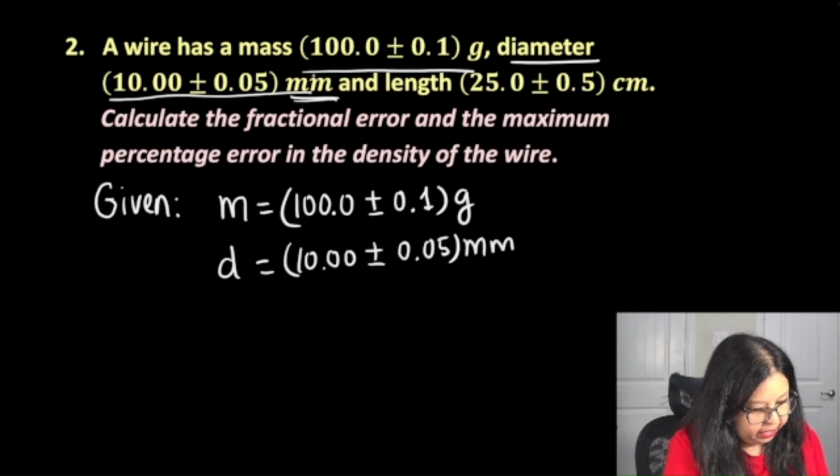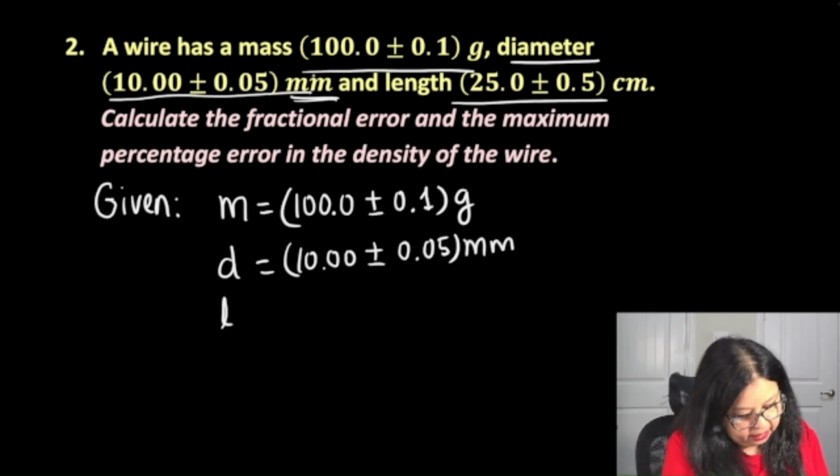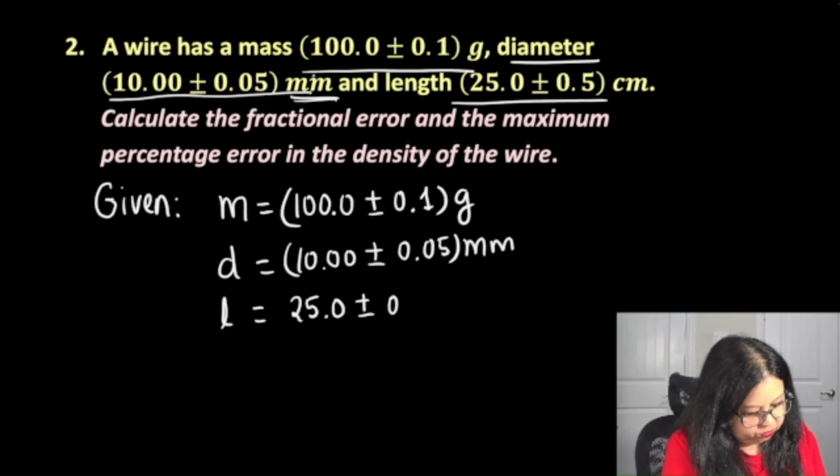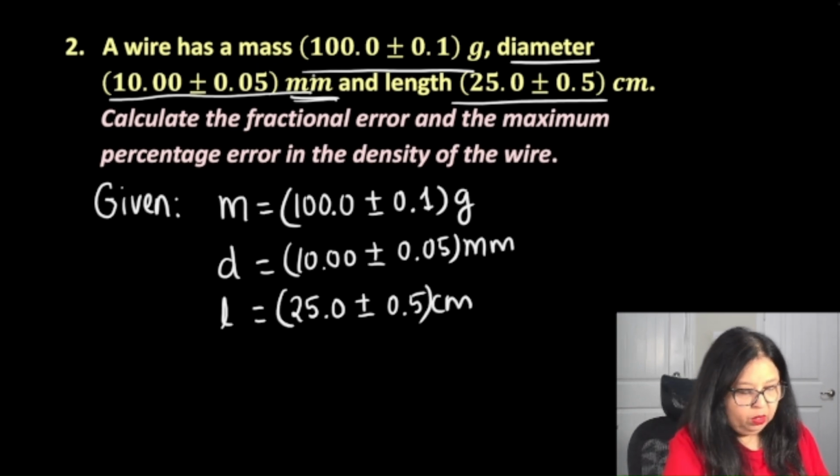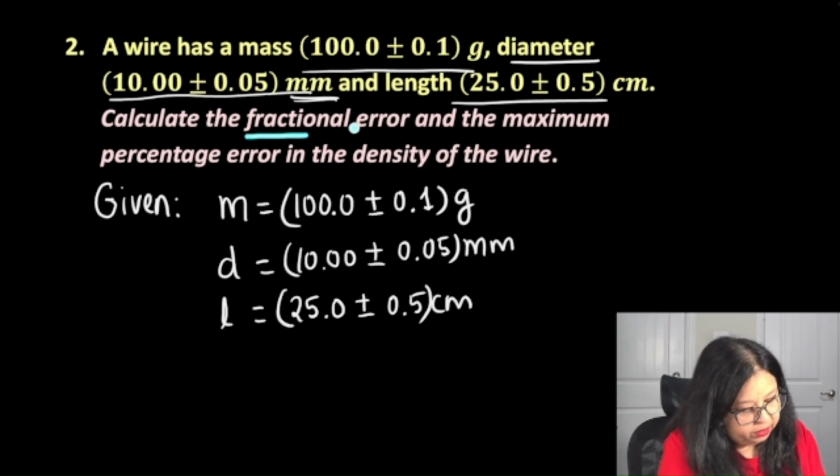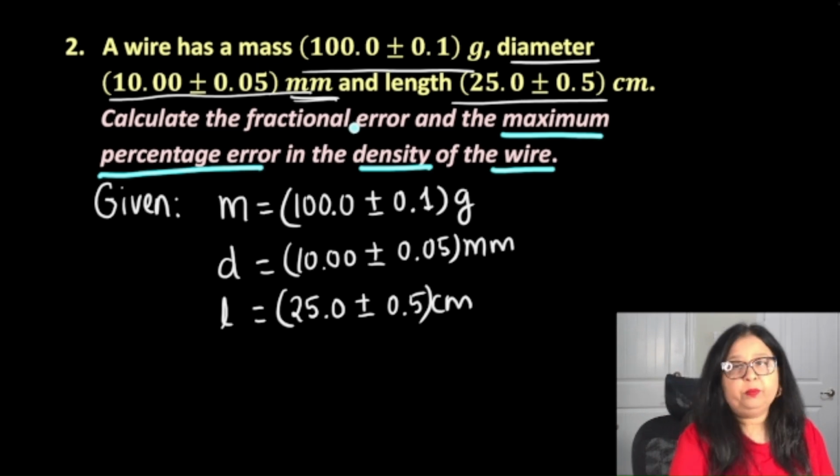And the length is 25.0 plus minus 0.5 centimeters. We're asked to calculate the fractional error and the maximum percentage error in the density of the wire.